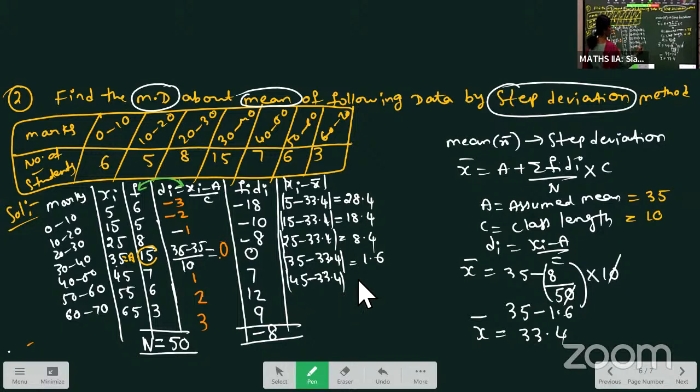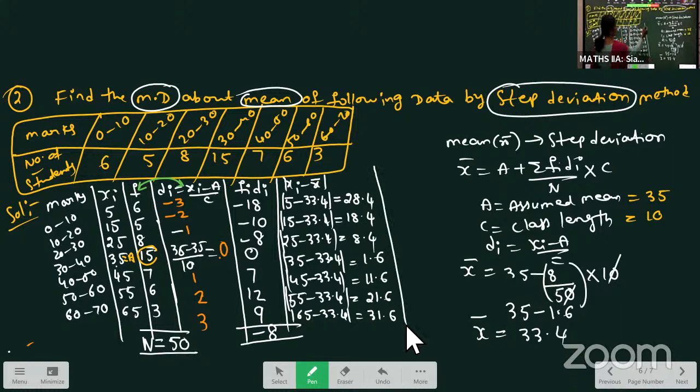Add 10 to the 1.6. It is 11.6. Next, 55 minus 33.4. Add 10 to it. It is 21.6. Next, the last one, 65 minus 33.4. So it is 31.6.